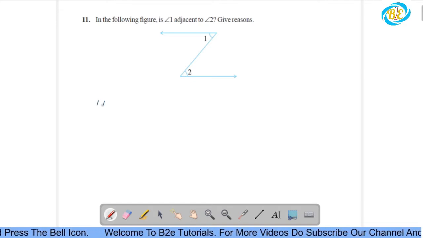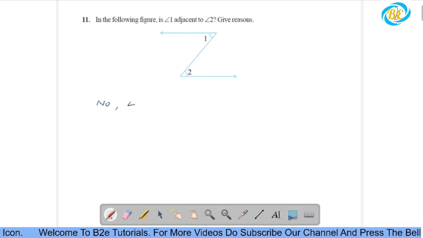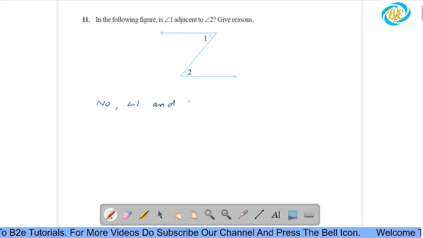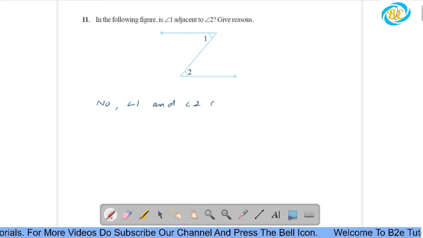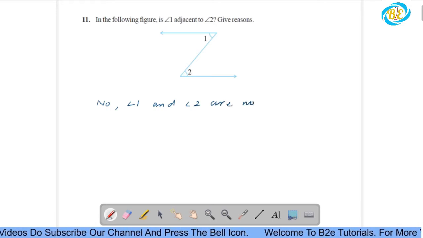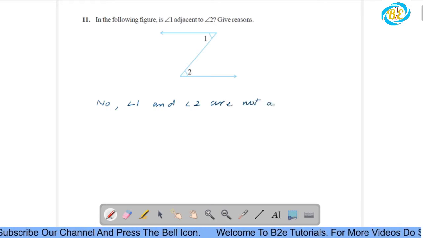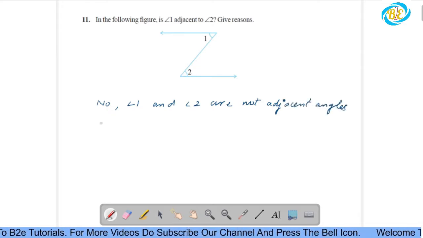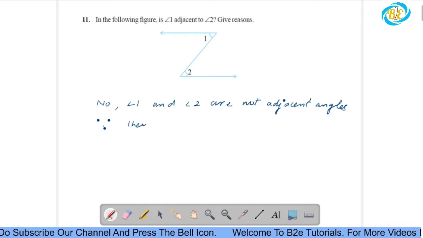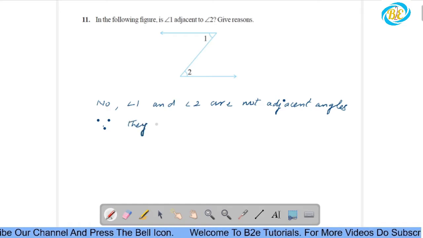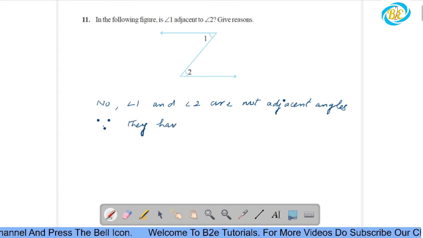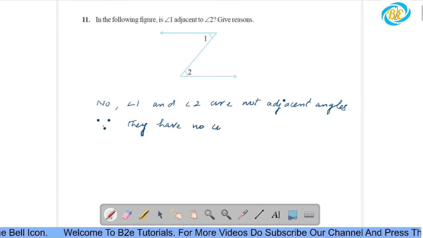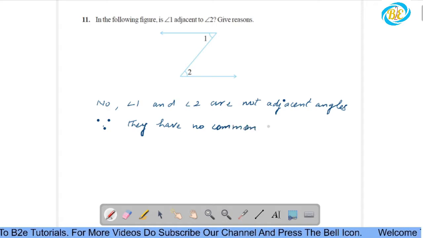No. Angle 1 and angle 2 are not adjacent angles because they have no common vertex.